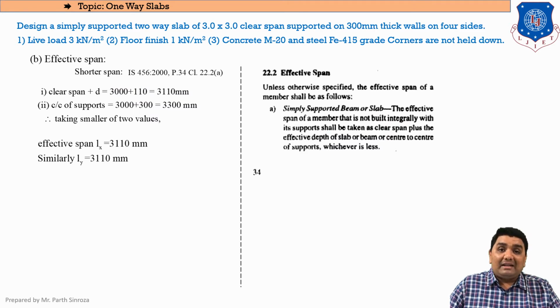So our Lx, that is the effective length in the x direction, will be 3.11 meter, or you can directly write it as 3110 mm. But as the lengths in both directions are the same, the effective length in both directions will also be the same. So similarly we can take Ly to be 3110 mm.